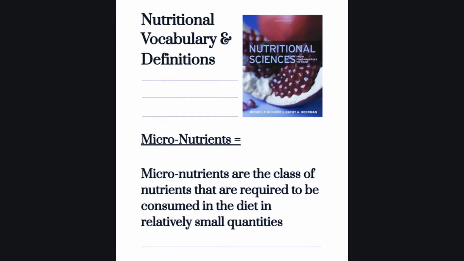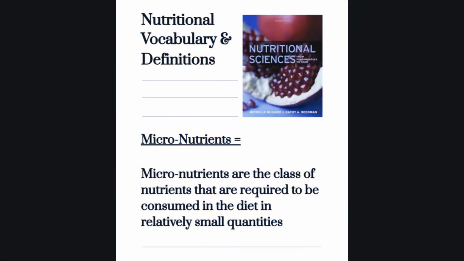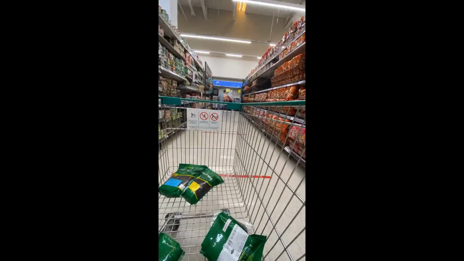Furthermore, now we can take into consideration the vitamins and minerals, which are considered the micronutrients, as these nutrients are required by the body in relatively small amounts. For additional clarity, the micronutrients are required within the micrograms or milligrams each day.